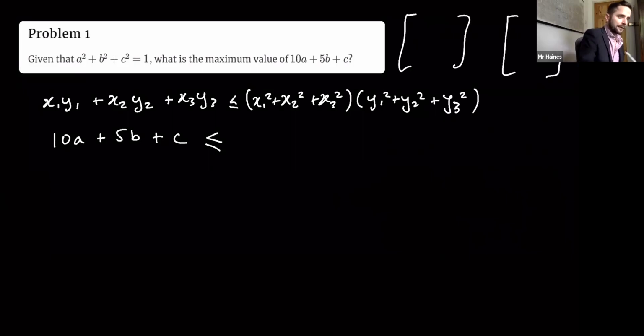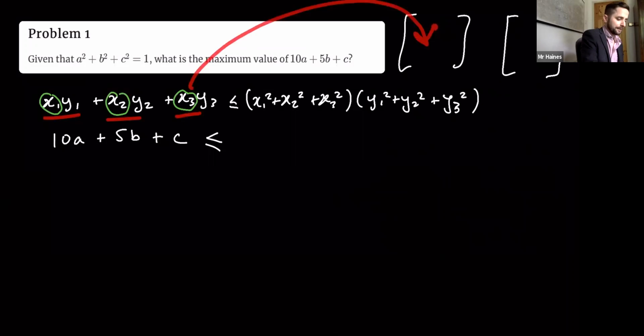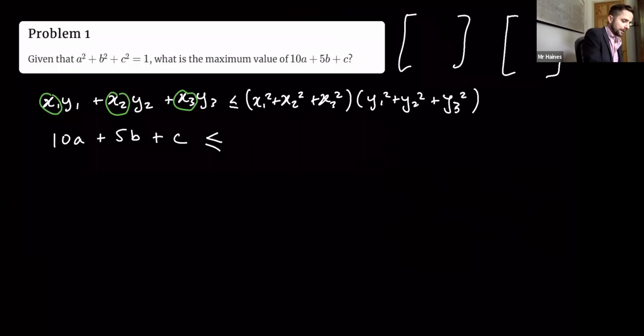So the two lists I'm going to apply Cauchy-Schwarz to, I wonder if anybody in the chat could tell me what would be a good choice for x1, x2, x3. So what should I put here in this first list? 10, 5, and 1. That works, because that's a really good suggestion. x1 is 10, x2 is 5, and x3 is 1.